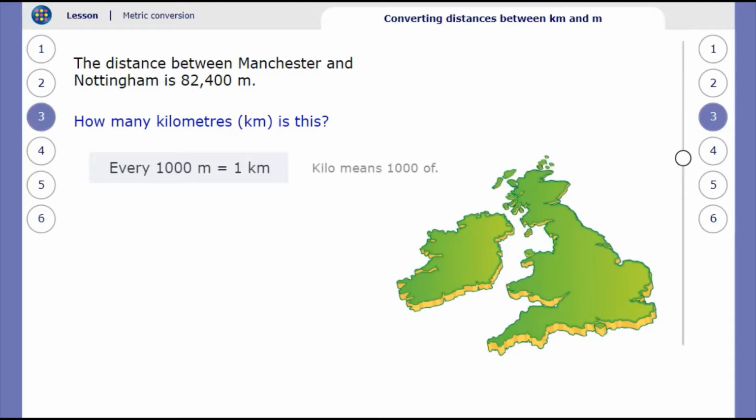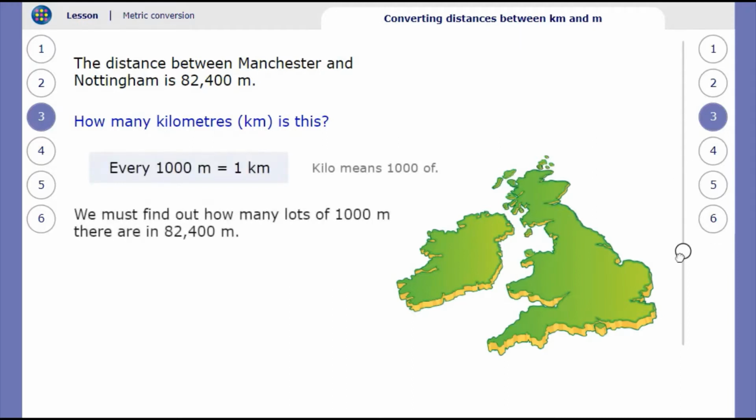Kilo means 1,000 of, as we talked about earlier. So for every 1,000 metres, that's a kilometre. So we need to work out how many of those thousands go into 82,400 to tell us how many kilometres go into that amount. So we're going to divide again. We need to find out how many lots of 1,000 metres there are in 82,400 metres.